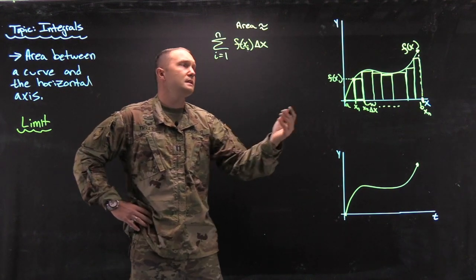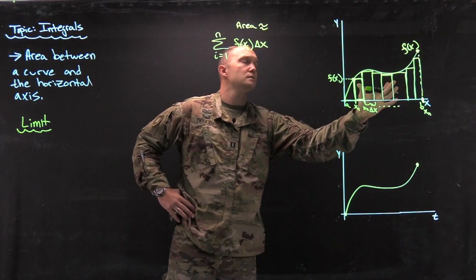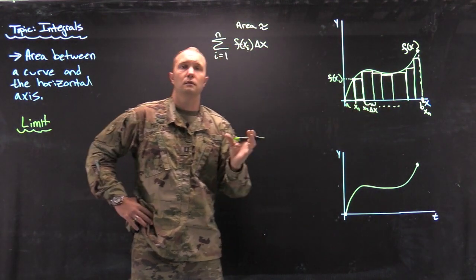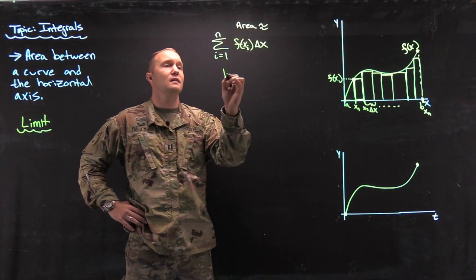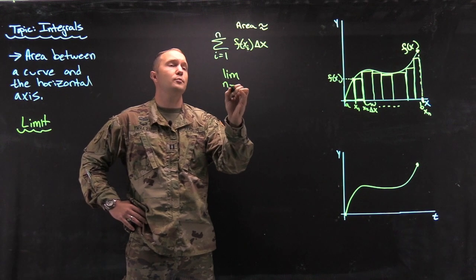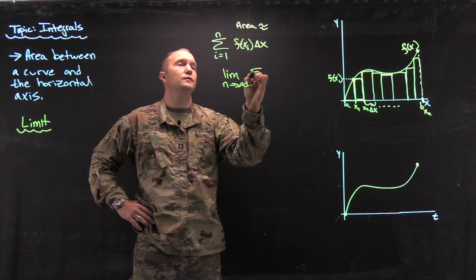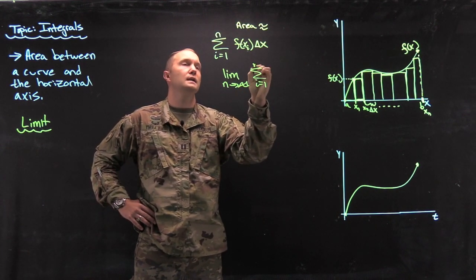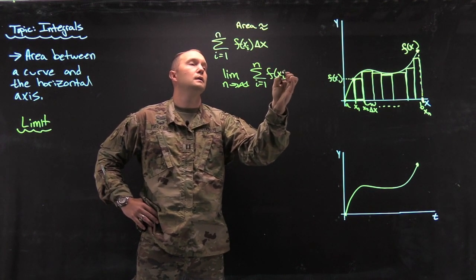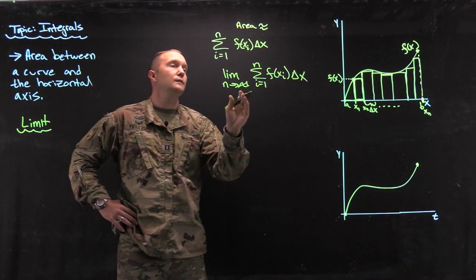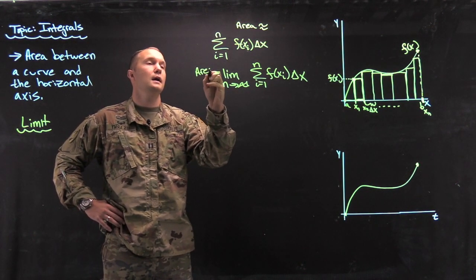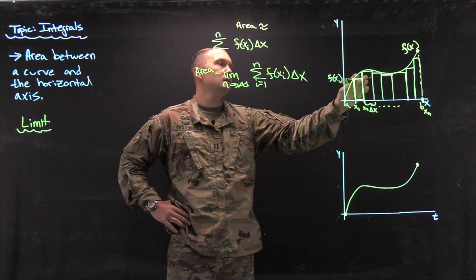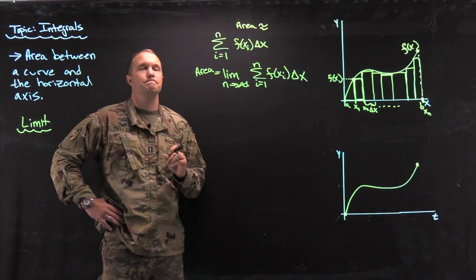So what I notice is that if I have more rectangles, then I can get a better approximation. So by taking the limit as n approaches infinity of this sum, i equals 1 to n of f of x sub i times delta x, that's going to give me an exact area that exists between this curve and the horizontal axis.